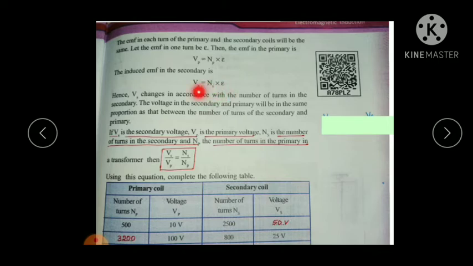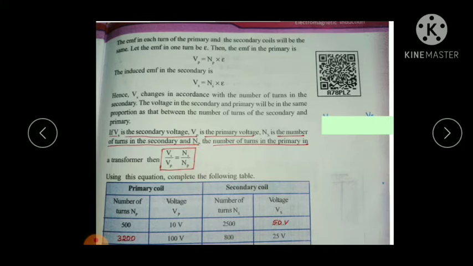So on dividing Vs by Vp, we get Vs by Vp is equal to Ns by Np. That is, the voltage in the secondary divided by the voltage in the primary is equal to the number of turns in the secondary divided by the number of turns in the primary.